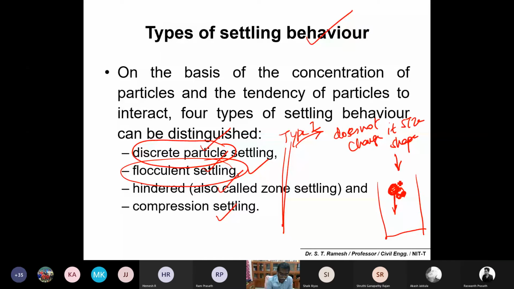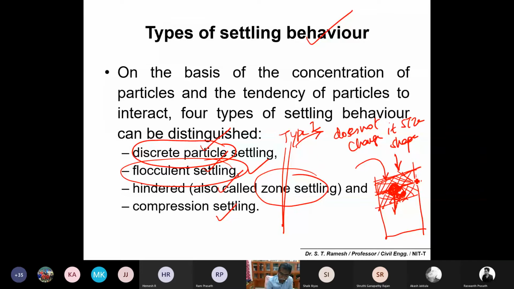Once destabilized colloids are brought into a common tank, you get stratification: different sizes and shapes form different strata, or zones, and all the particles move downward zone by zone. That type of settling is called hindered settling, or zone settling.